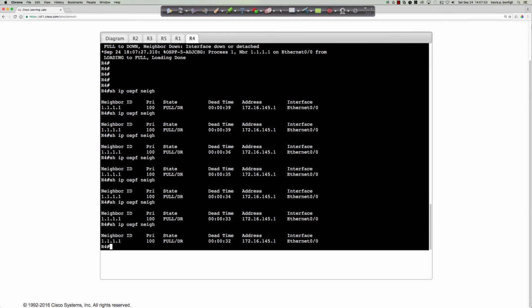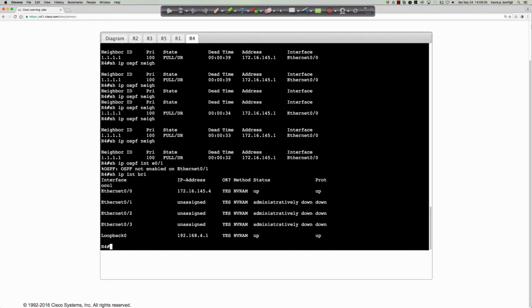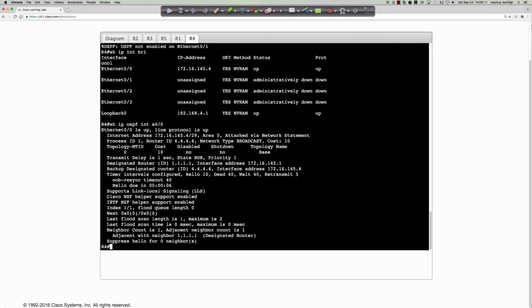If I were to say show IP OSPF interface Ethernet 01. I thought that was show IP interface brief. Maybe that was router 1? Ethernet 00, sorry. So show IP OSPF interface Ethernet 00. And if you come here, you can actually see it tells you right now: transmit delay, 1 second, state. What is the state of this interface?